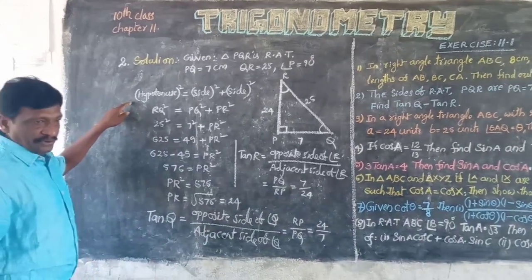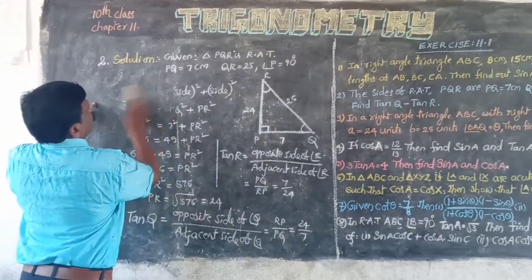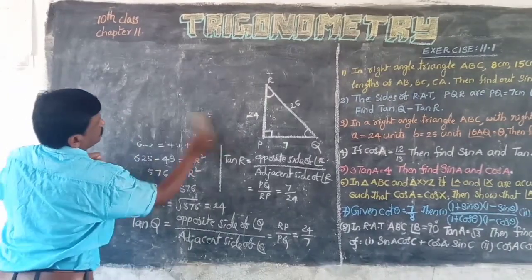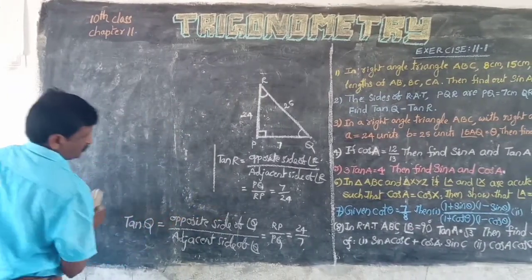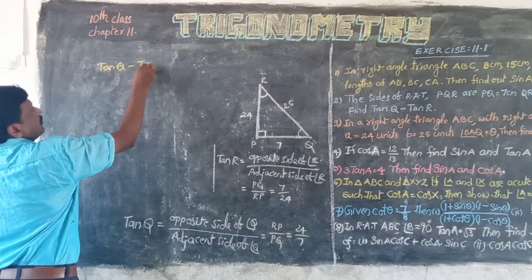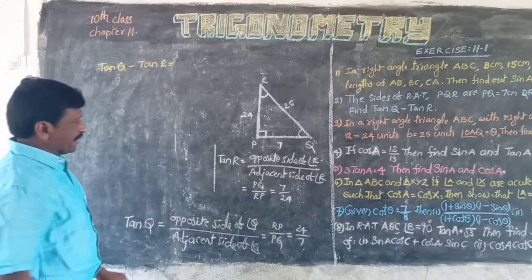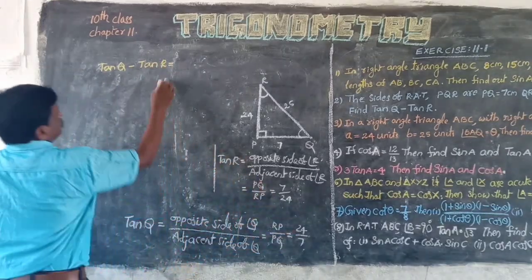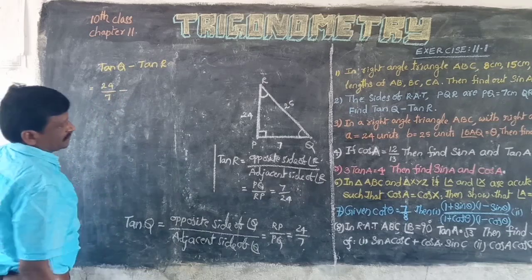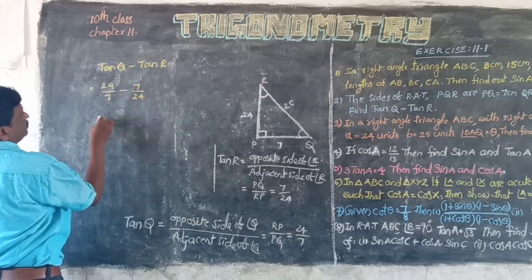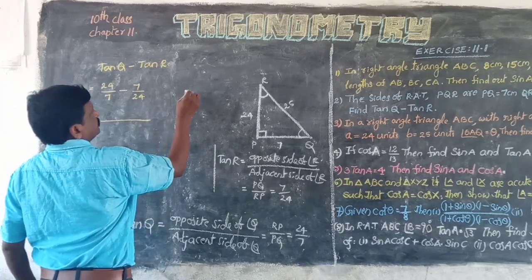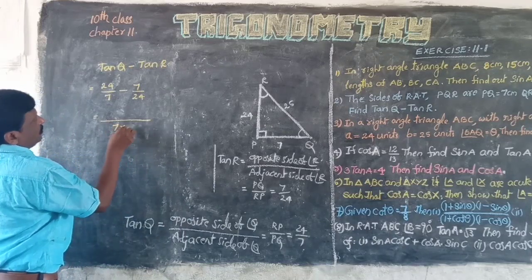Next, did you complete? So tan Q minus tan R. Tan Q is 24 by 7 minus tan R, 7 by 24. LCM is 7 into 24.